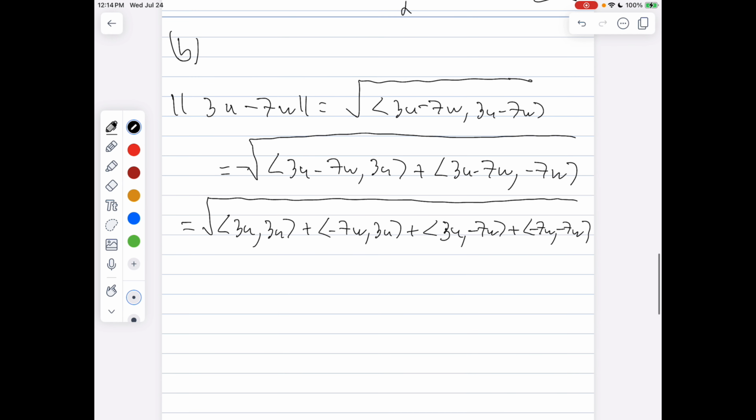And the next thing I see is I have a bunch of constants in front of my u's and w's, which I can factor out using the properties, 3 and 4 here.